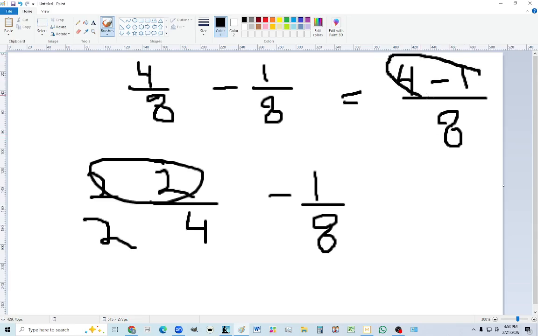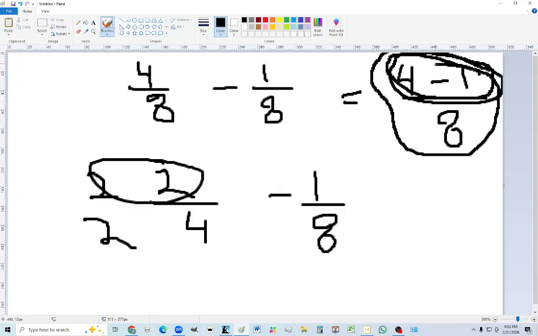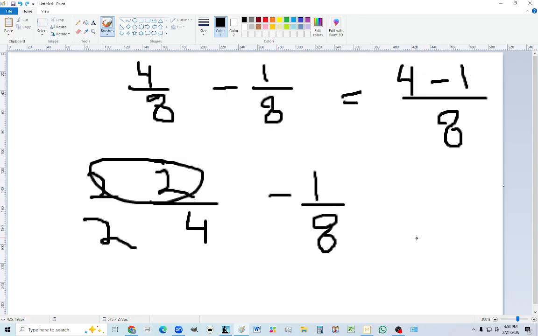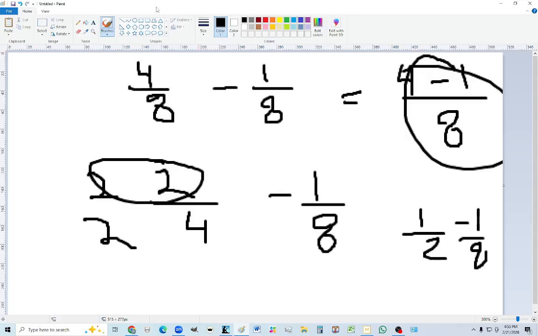So all I'm trying to do is make your mind flexible, to realize that yes, I put it over the common denominator, but you can go backwards to where it started. So 4 minus 1 over 8 is the same as 4 over 8 minus 1 over 8. And then we can say, well, that's the same as a half. So all I'm trying to do is show you that you can be flexible with the fraction.